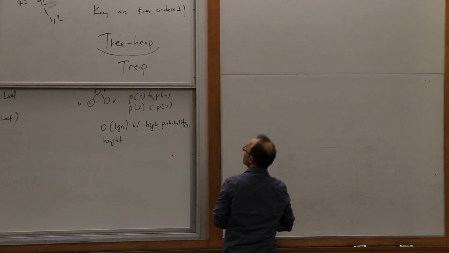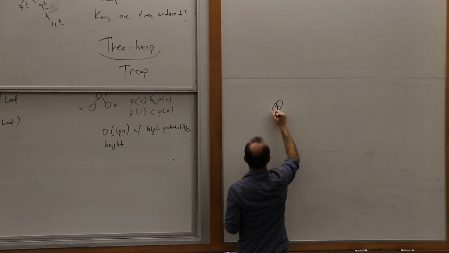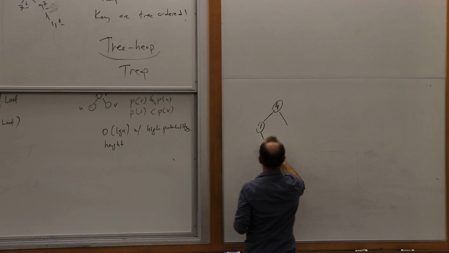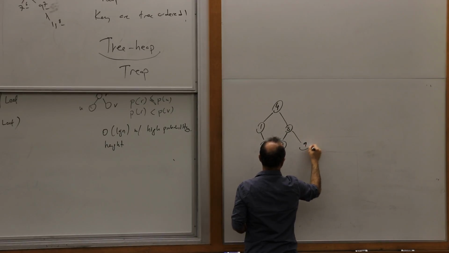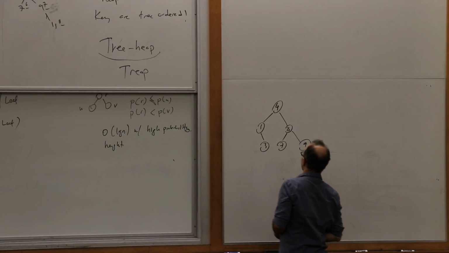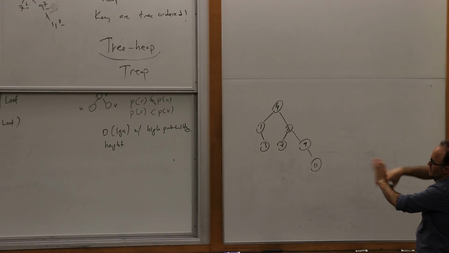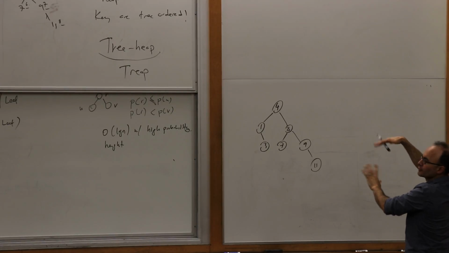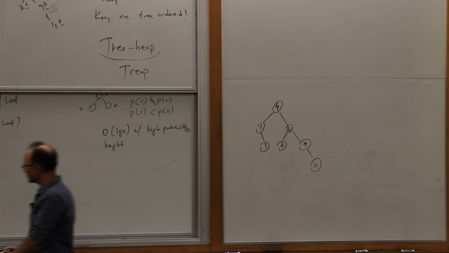Let's use our same keys, maybe something like this: 4, 1, 3, 8, 7, 9, 11. We can't even think of priorities as being gone because the order really tells us what the order of the priorities is, and we don't really need to know the absolute numbers.